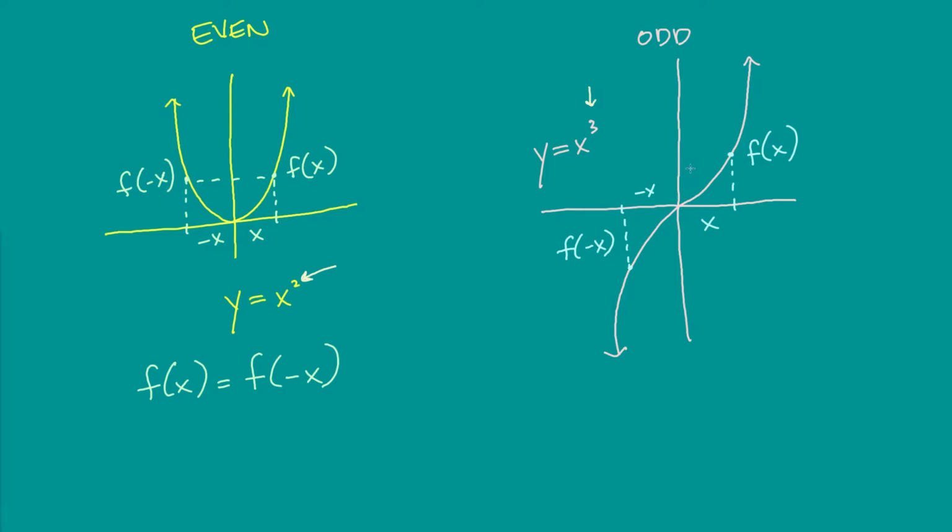In fact, they're exactly the opposite. They're negatives of each other. So for an odd function, our f of x will equal the negative f of negative x.